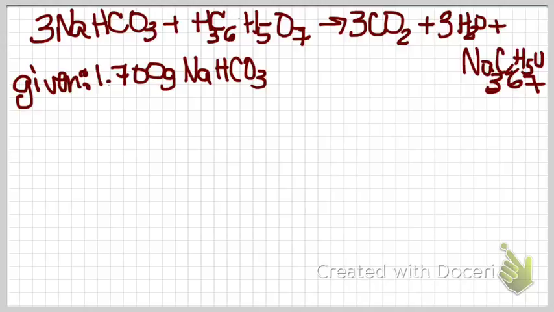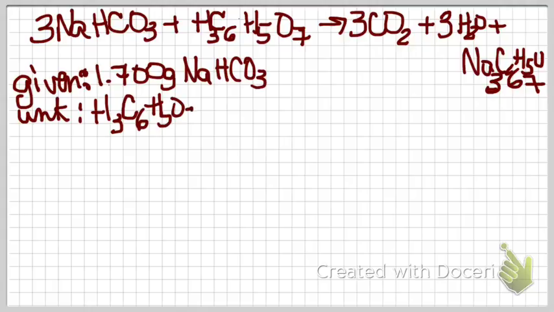If I had this 1.70 grams of sodium bicarbonate, how many grams of citric acid would I have to have to use it all up?